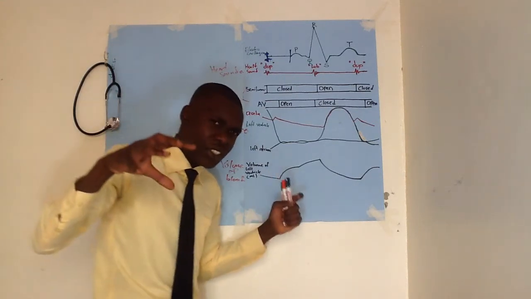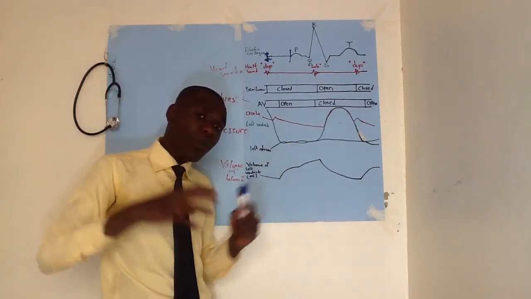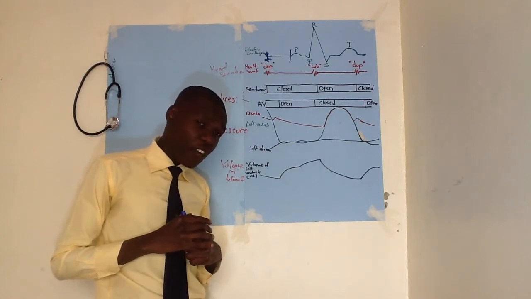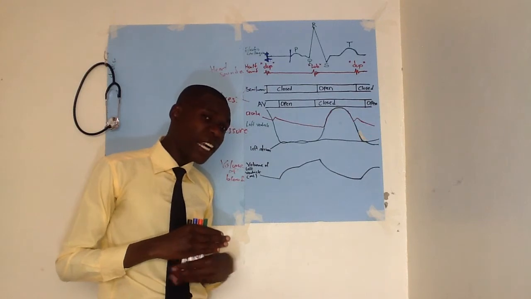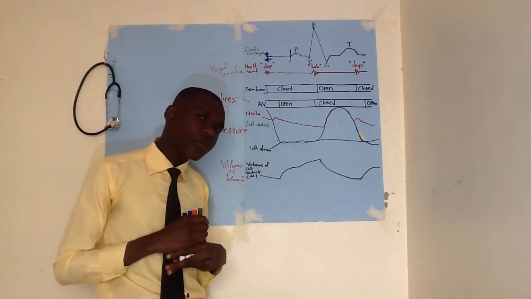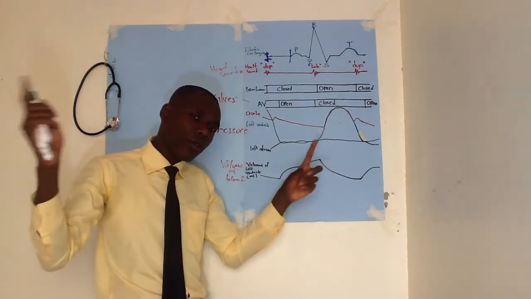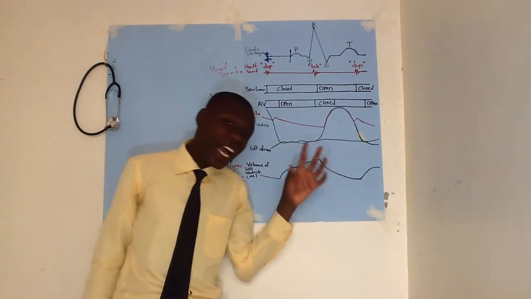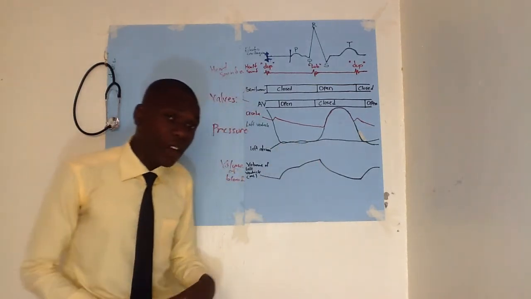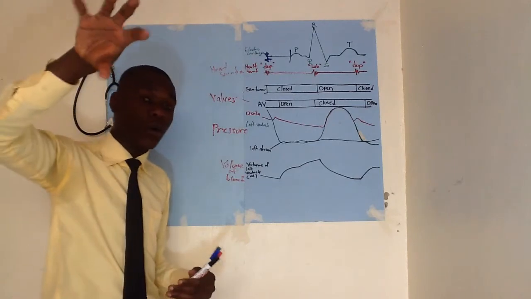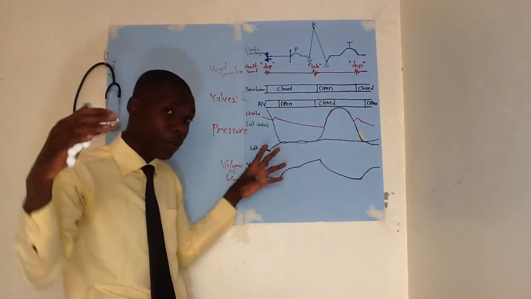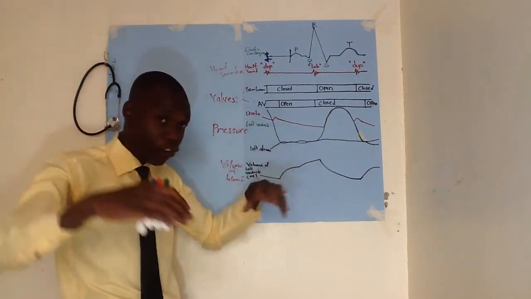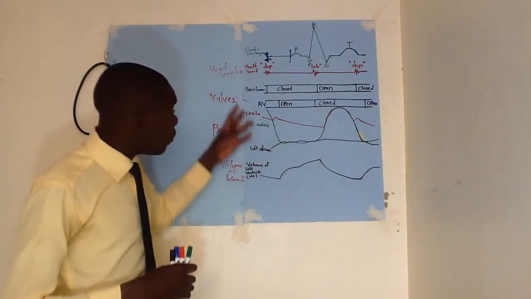The atriums are being filled with blood, both from the superior and inferior vena cava, and also from the lungs, through the four pulmonary veins. They are filling the left and right atriums. So blood is filling up.